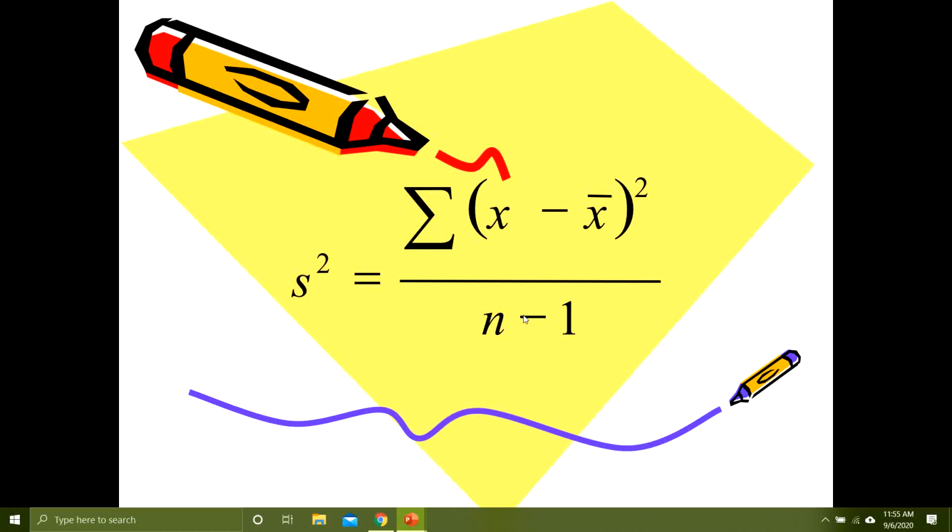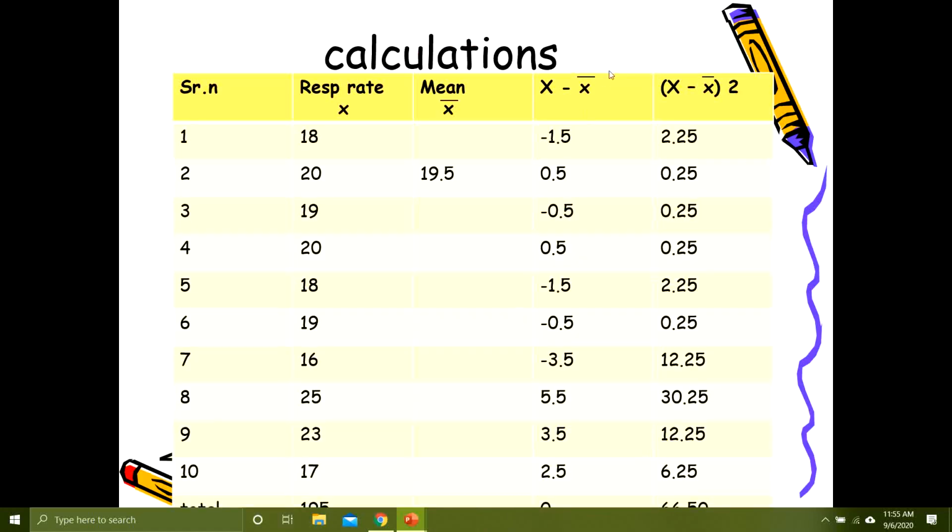Fine. So let's move forward. Sample variation. So now we will take the x minus x bar whole square and all the values will now be positive, because we wanted to finish these signs, which are impacting and bringing the value of mean deviation to 0.